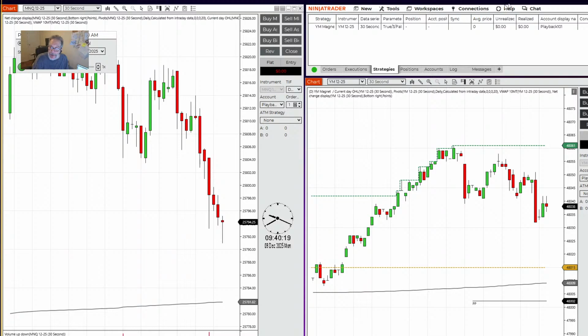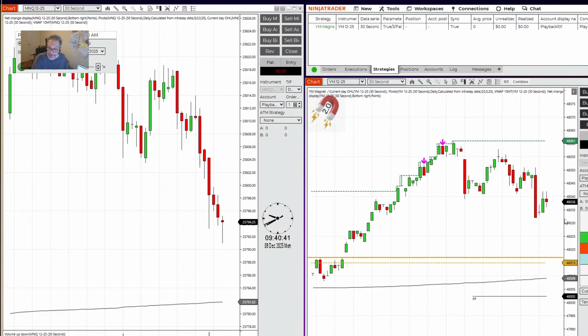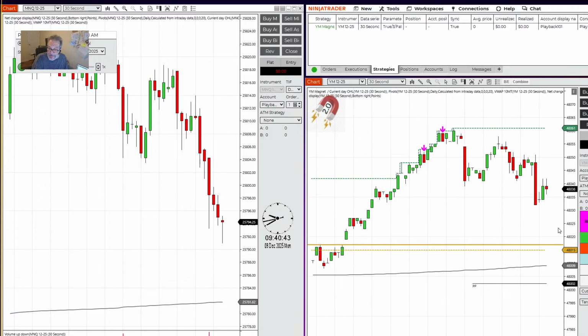Now, I realize after I turned it on, I didn't really check anything. Now our entry would have been right around there. That's where we wanted our entry. I made it automatic.